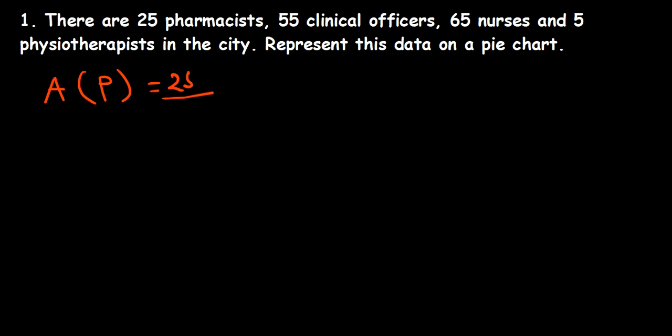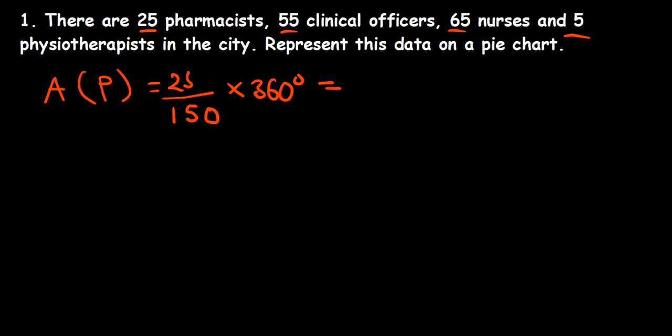Let's find the total of health workers: 25 plus 55 plus 65 plus 5. I get the total as 150. Then we multiply by 360 degrees to find the angle for pharmacists.